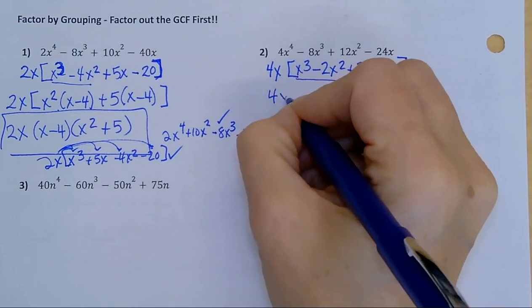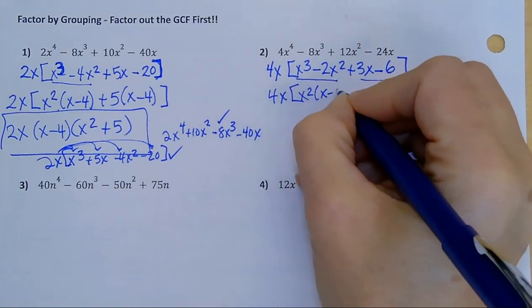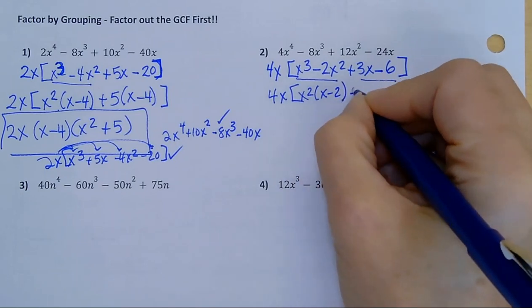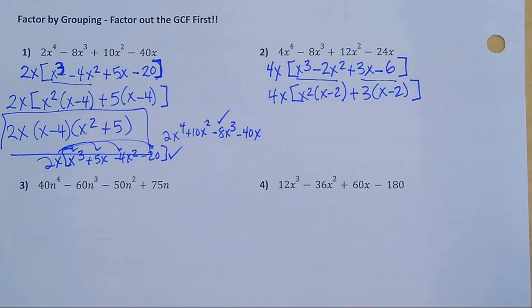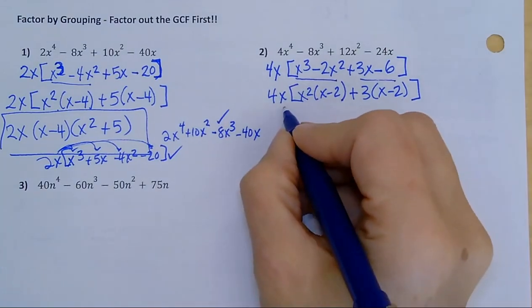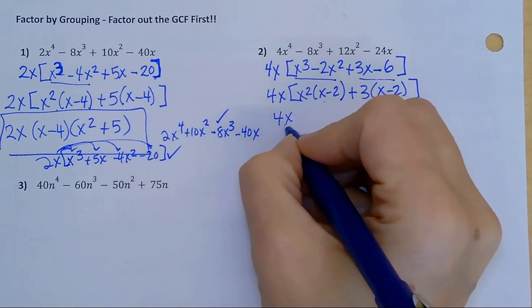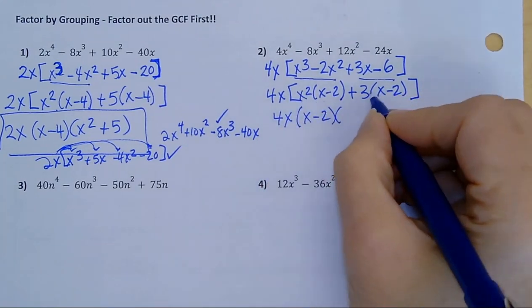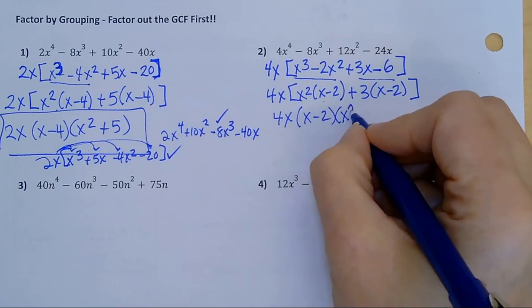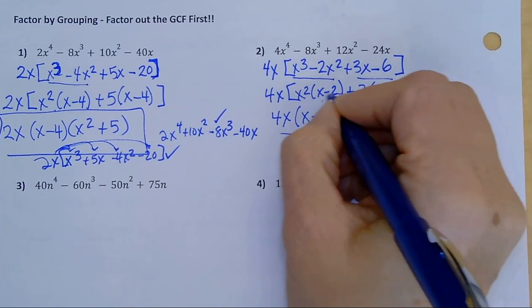I'm going to have 4x times x squared times x minus 2 plus 3 times x minus 2. And I pull out x minus 2. I'm going to pull out that binomial, so I have 4x times x minus 2, and I'm left with x squared plus 3. That should be it.